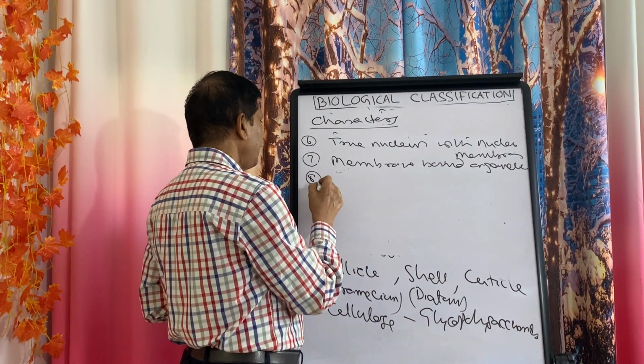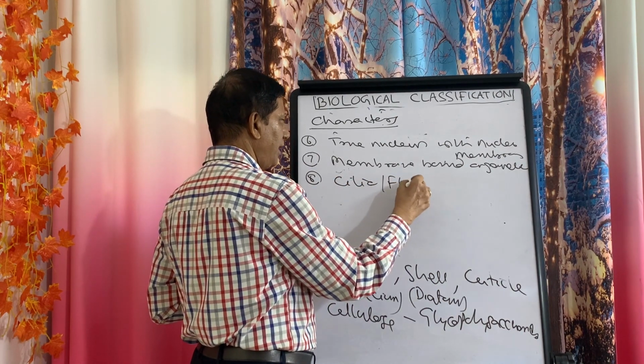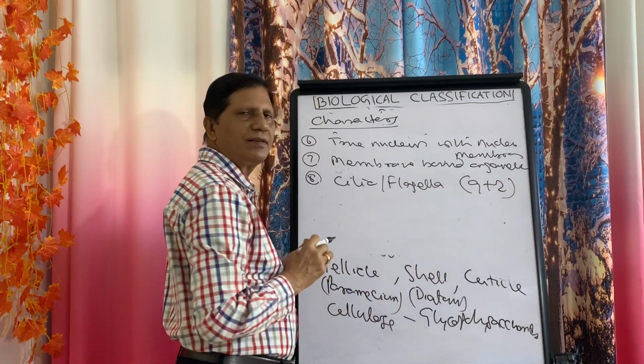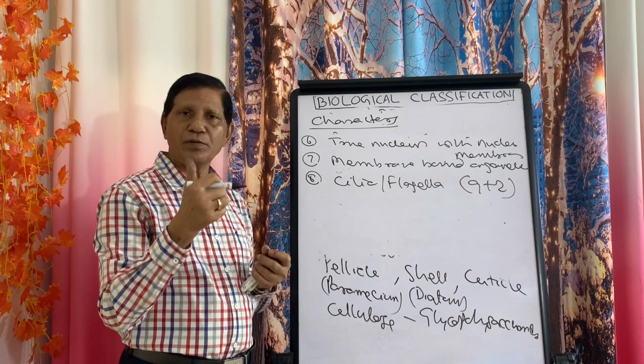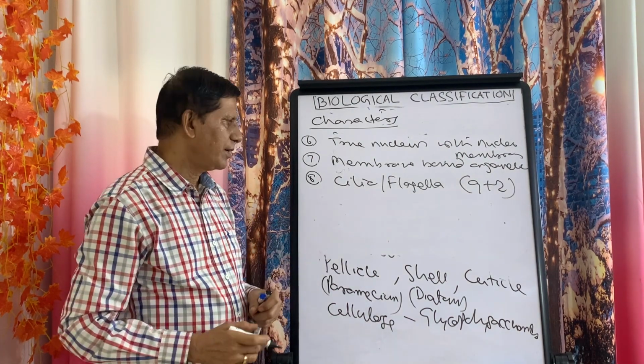Then for locomotion, there may be cilia or flagella, and they have 9+2 arrangement. While in the case of Monera there is only a single fibril, but here it is a 9+2 arrangement, just like all eukaryotes.